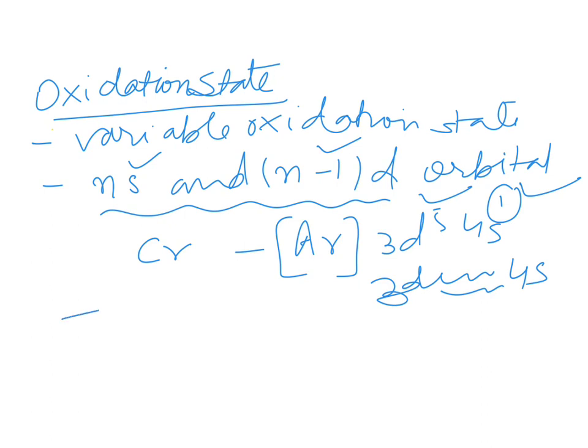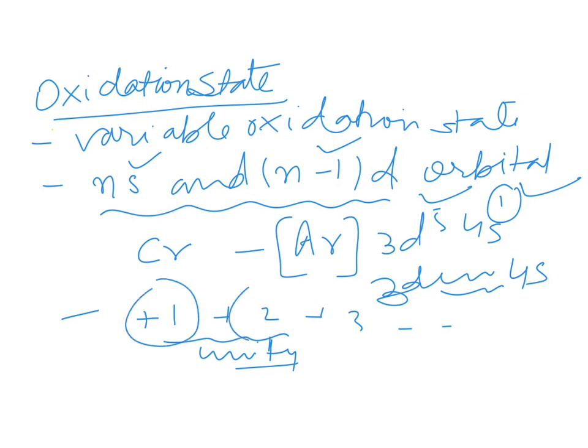Here you see that the oxidation states may be plus 1, plus 2, plus 3 and so on, meaning there is a difference of only one oxidation number, that is, a unit. Whereas in the p block elements you have seen that the difference may be plus 1, plus 3, plus 5; in this way it was there, but here they differ only by plus 1.